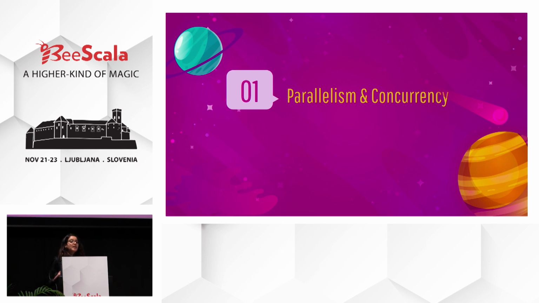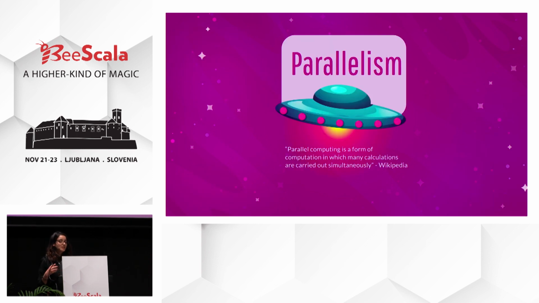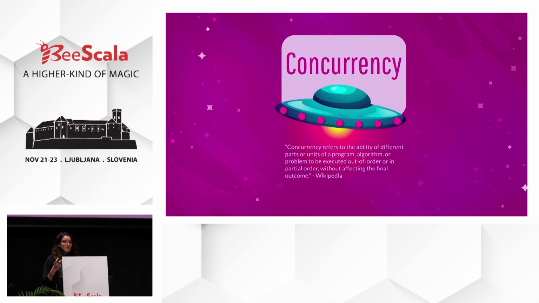First of all, it's important to distinguish the difference between concurrency and parallelism. They are quite similar, but they are different. Parallelism is the way to use the capability of your hardware in order to be able to run multiple tasks simultaneously, which means you can do many things at once, depending on your hardware.